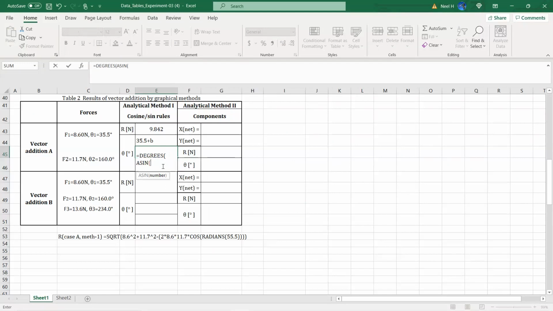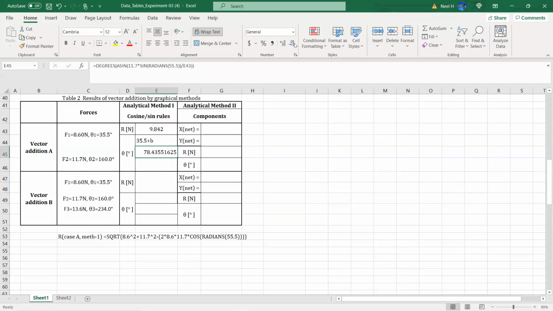Inside that, F2, which is 11.7, multiplied by sine of the radians command inside, angle A 55.5, close bracket for radians, close bracket for sine, and then divide by R12, which is the resultant vector we calculated here, close bracket for arcsine, close bracket for degrees, then hit enter.